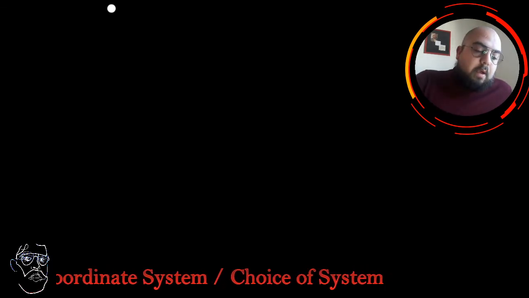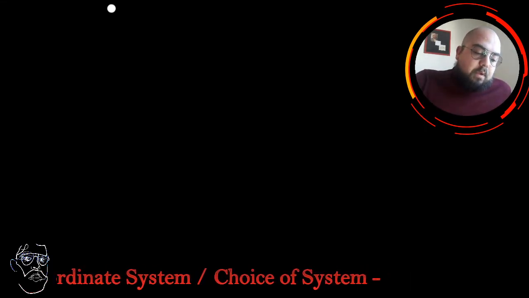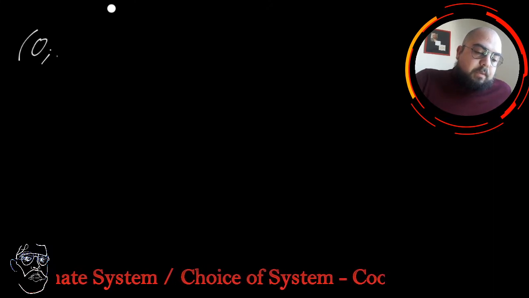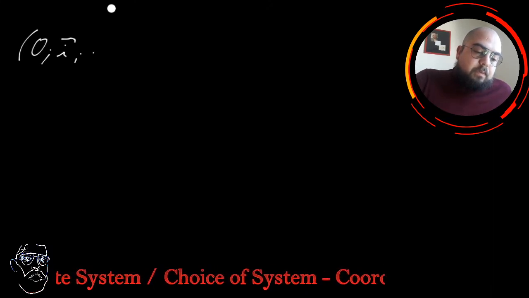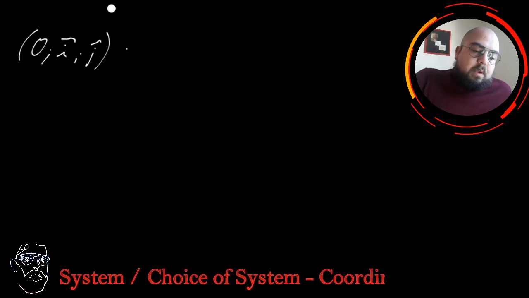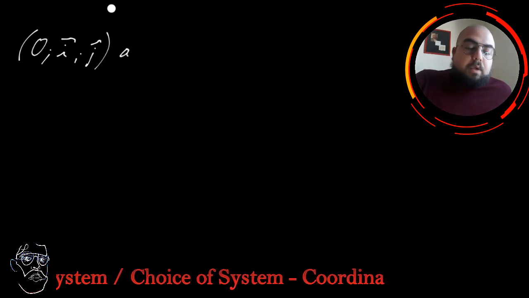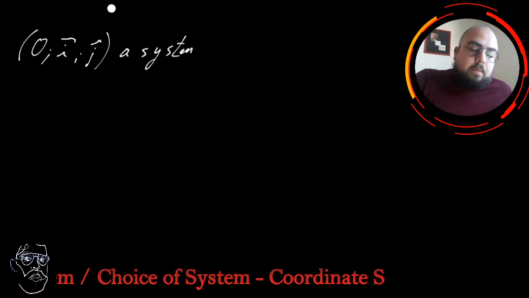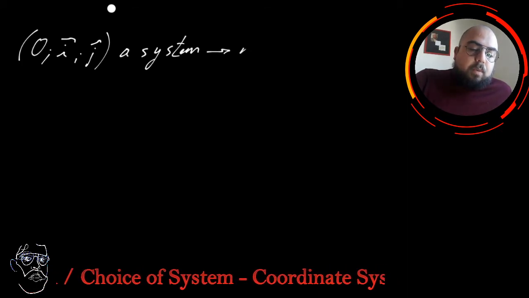So whenever we have, let's say, OIJ, a system which is said to be normal.